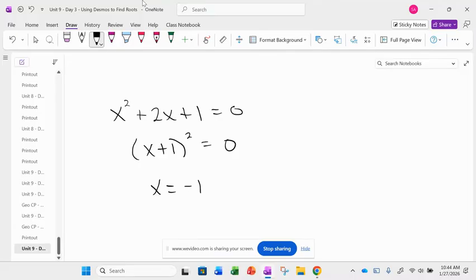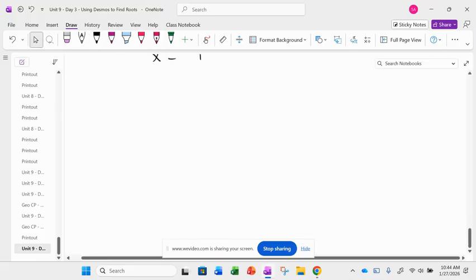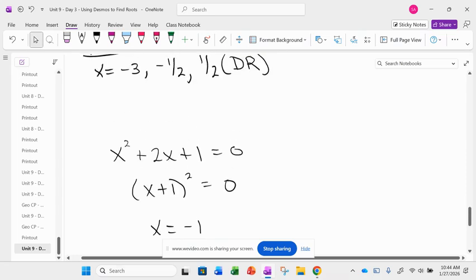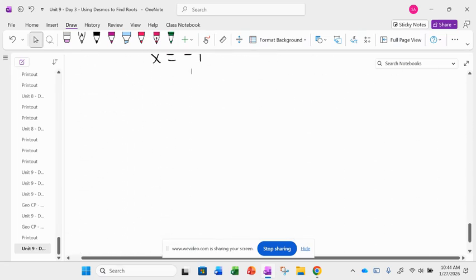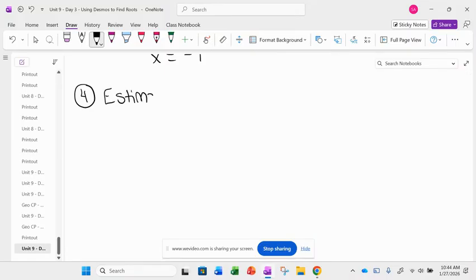Okay, so for this next one, new directions here. I want us to estimate any real roots in the given interval.